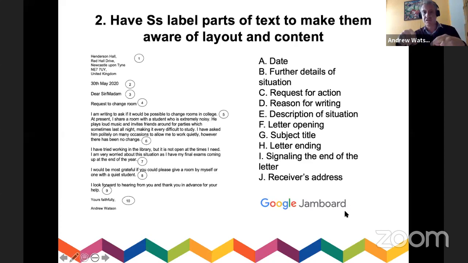And the rest of us, can you make suggestions in the chat about which parts go together? So for example, the date would be number 2, right? Okay, so Montserrat, could you click through there and try and label the parts for us, and we'll suggest answers.